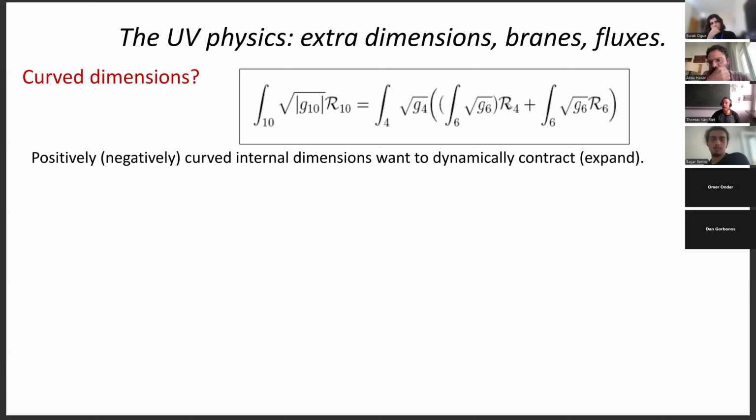Remember, this should be minus the scalar potential, right? So in mostly plus conventions, the Einstein-Hilbert action is R_4 minus Λ, with Λ the vacuum energy. So this term is minus vacuum energy. So positively curved internal dimensions contribute negatively, and negatively curved internal dimensions contribute positively to the vacuum energy.